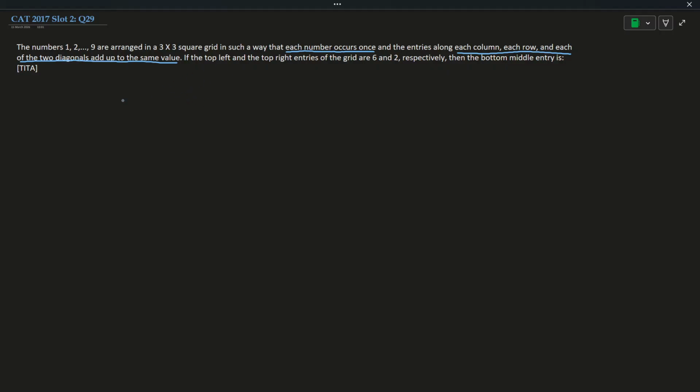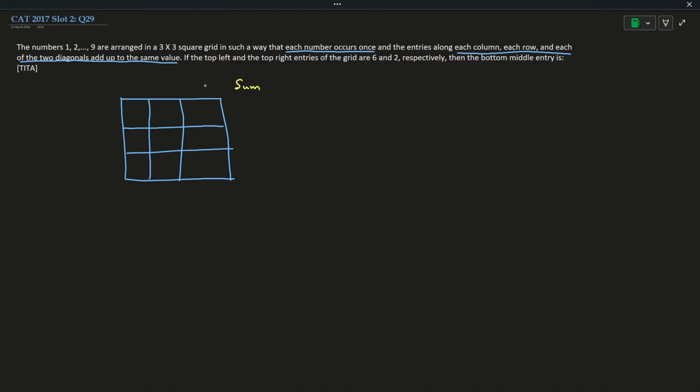So let's say we have a 3 cross 3 grid. Now we are told that the sums are the same.